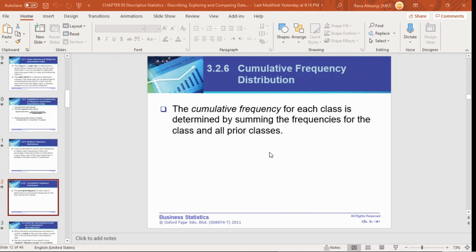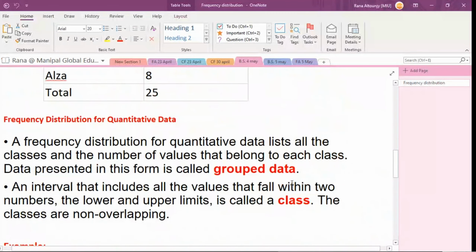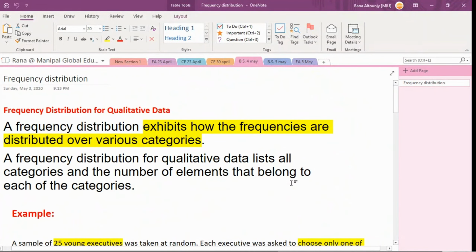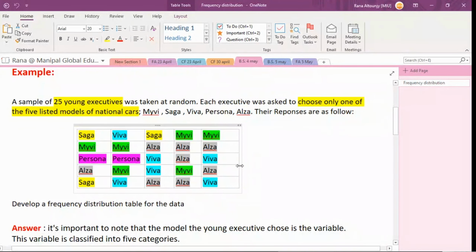So let's go back a little bit to our example. If you remember yesterday, we talked about the frequency distribution for qualitative data. It was the type of car recommended by young executives in companies, divided into 5 categories based on the car type.